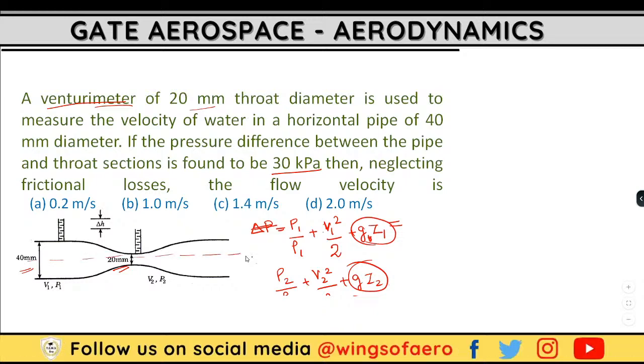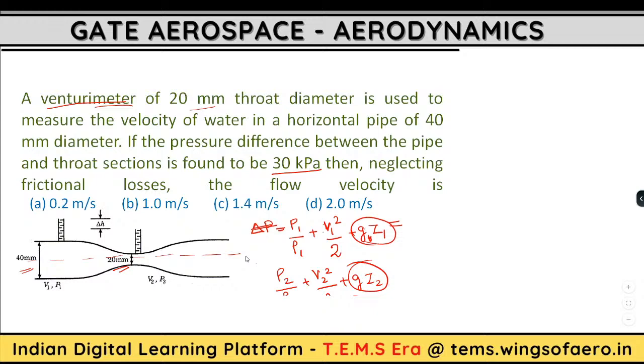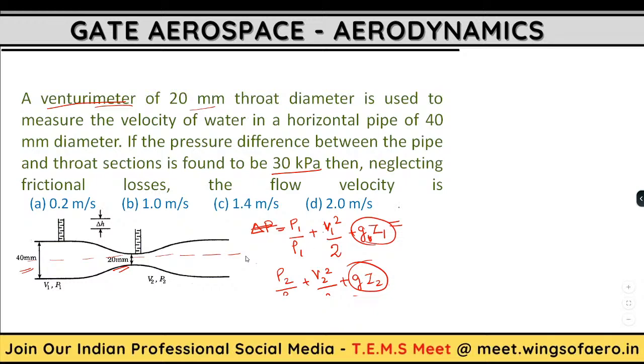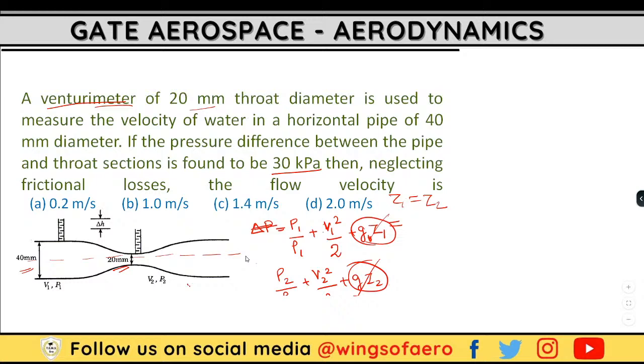Yes, it is the datum height, and you can see in this figure both are in the same horizon. And suppose the figure is not given to you, you have to consider that both are lying in the same horizon. That means Z1 equals Z2, so we can cancel off these two terms. Now, can I write this equation in this way?